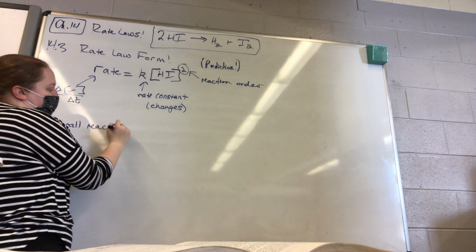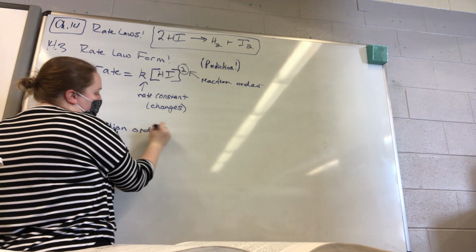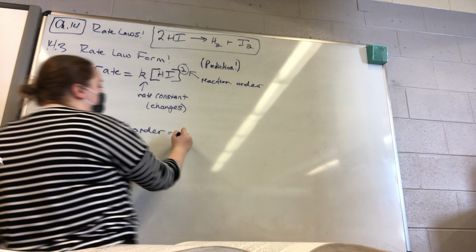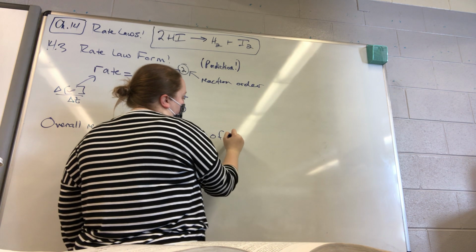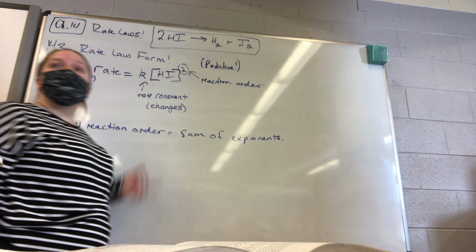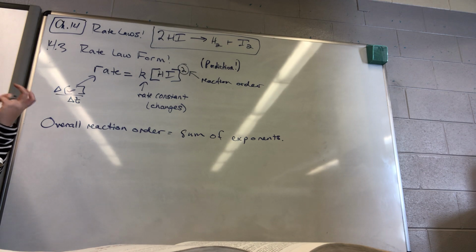Overall reaction order. If I've only got one thing, the overall reaction order is going to be equal to the sum of the exponents, remember? Sum of exponents. In this particular example, the sum of the exponents is 2.